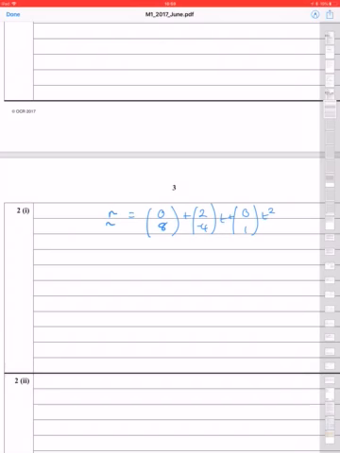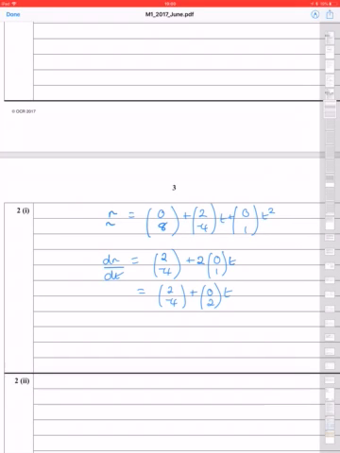So to find the velocity, we just do dr by dt. That just disappears, so we get 2 minus 4, and we get plus 2 times 0.1 t. So you end up with 2 minus 4 plus 0.2 t, and you just leave it like that.